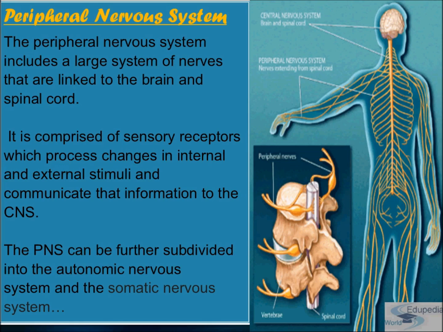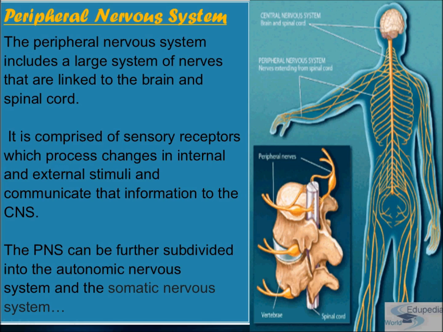Afferent nerve fibers transmit impulses from tissue to the CNS, and efferent fibers transmit regulatory impulses from CNS to the concerned peripheral organ. This is the simple funda of the peripheral nervous system.